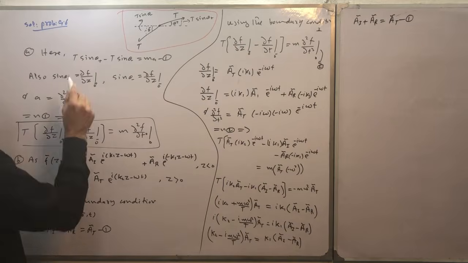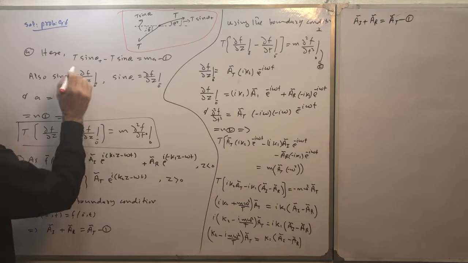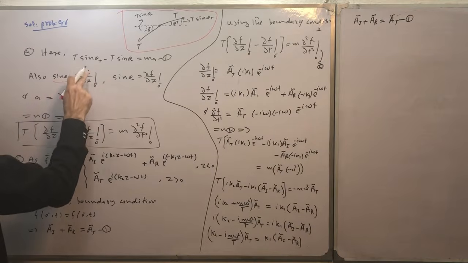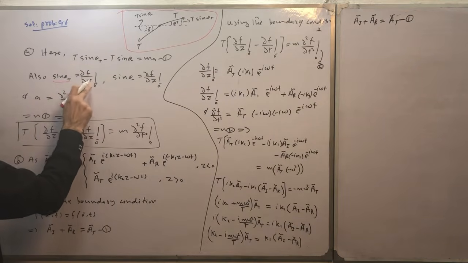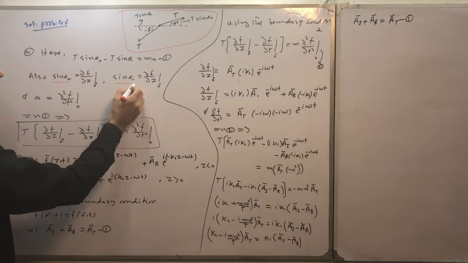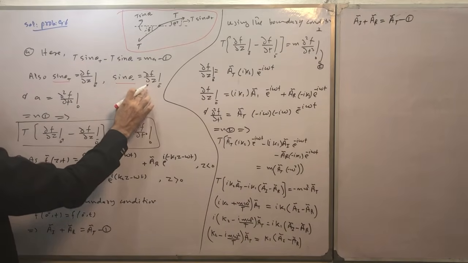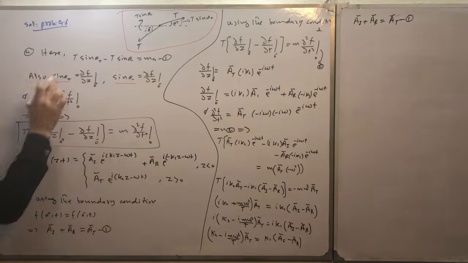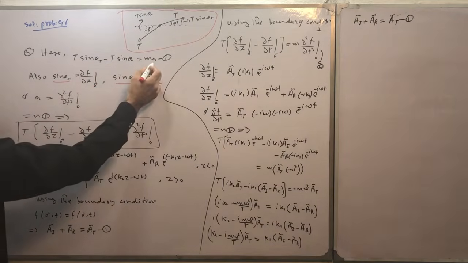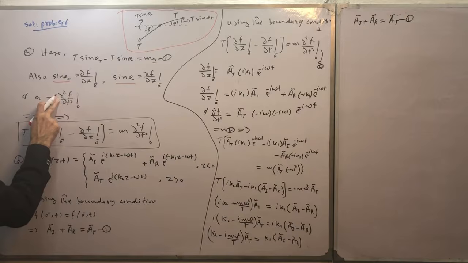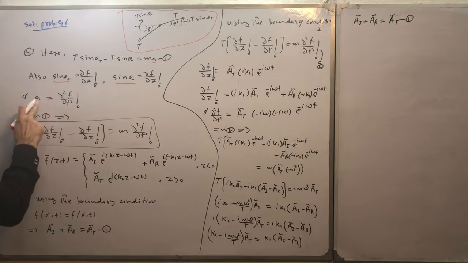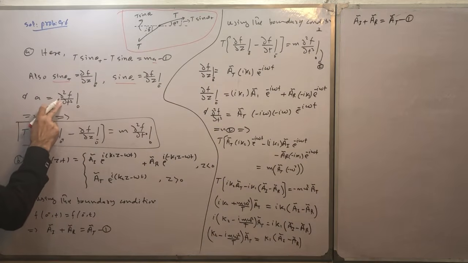And now we are interested to find out what sine theta plus is. This is the differentiation of this function with respect to z at 0 plus, and the other one at 0 minus. So putting these values in sine theta plus and sine theta minus, and also A, which is the differentiation of the function with respect to t two times, this is the acceleration.